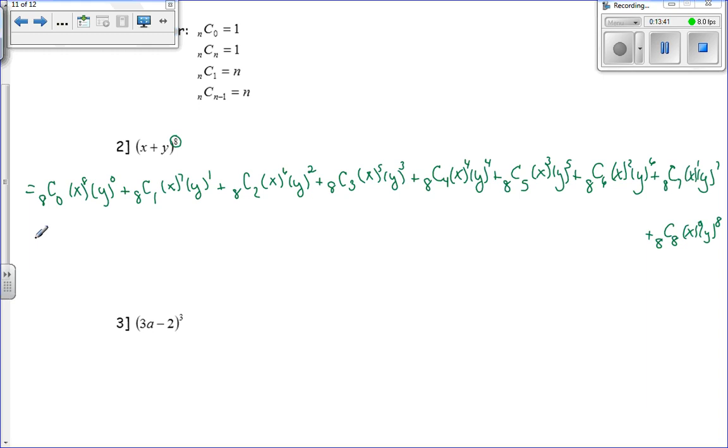Okay? And then I'm going to go through and calculate everything. All my combinations I'm going to get right off of my calculator. So here, 8C0, anything C0 is 1. So this is 1, and this is also 1. Anything to the 0 power is 1.